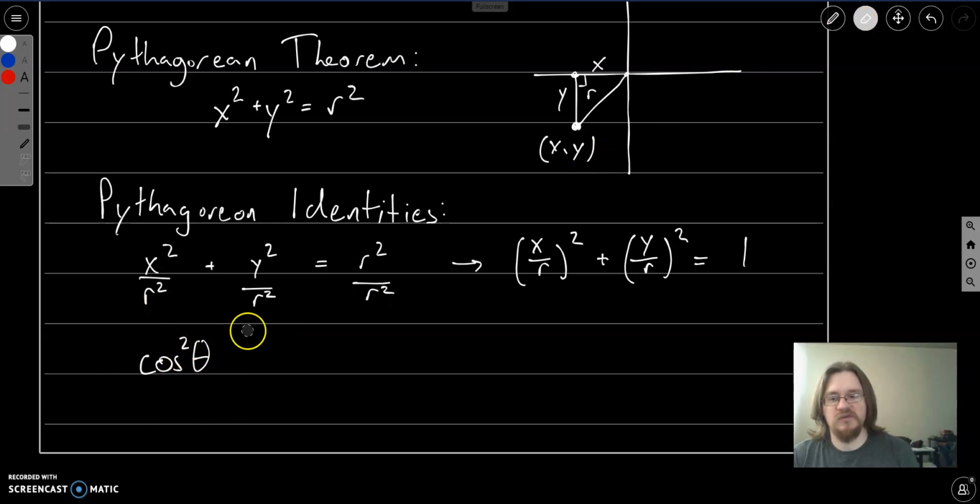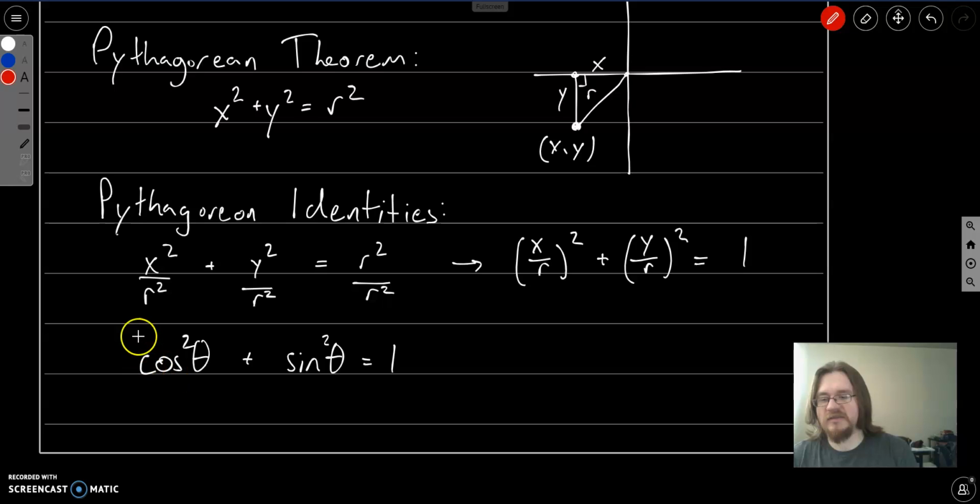I could write this whole thing squared, but mathematicians will typically write the 2 right next to the cosine. So we know that it's the cosine that we're squaring. y divided by r, that's the sine of an angle, and we're squaring it. And all that is equal to 1.